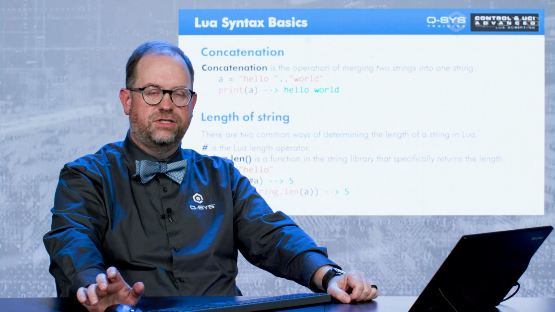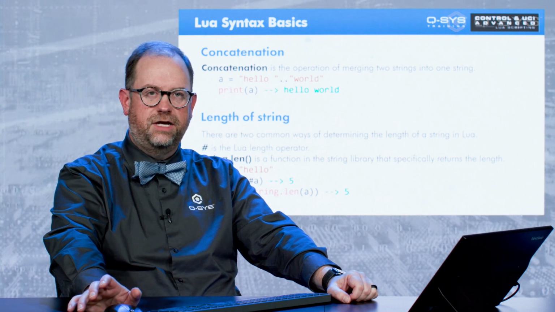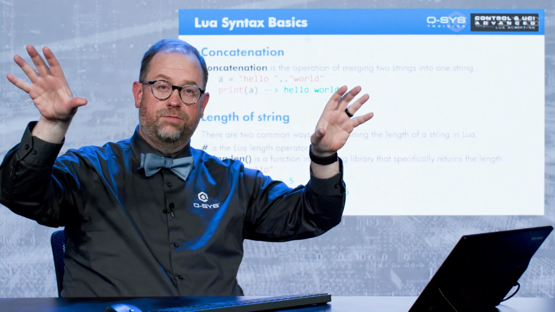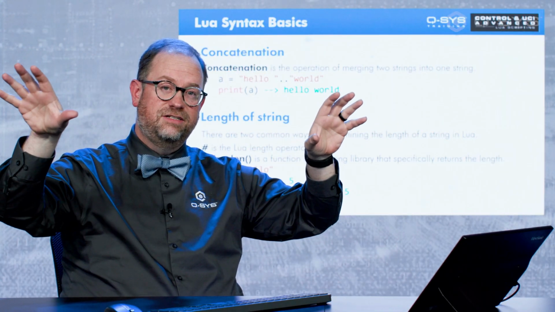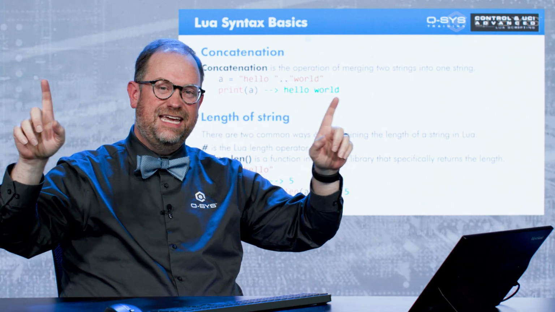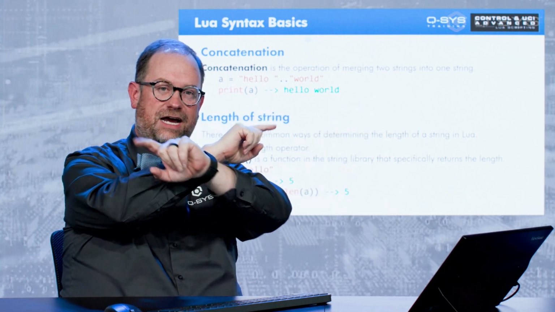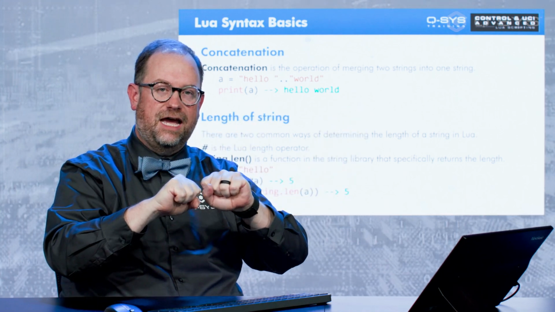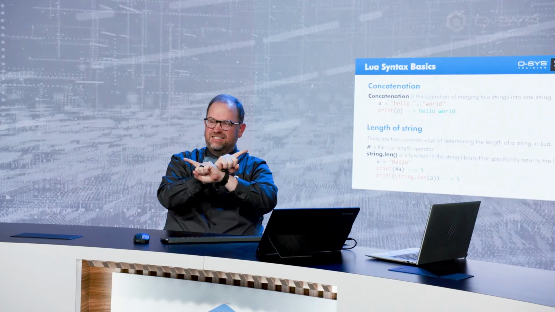String concatenated with string gives you a big old string, right? These make sense, right? These are the operations that are appropriate for this data type. These are the operations that are appropriate for these other data types.